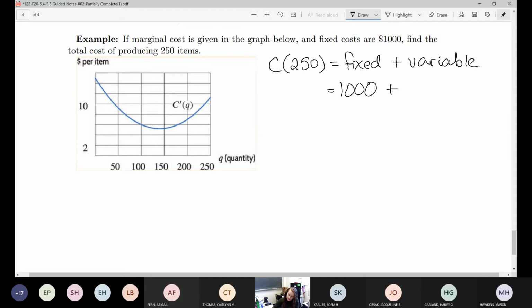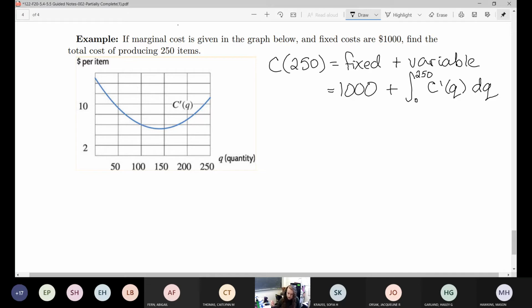And then the variable costs, well, since we don't have the actual cost function, but we do have this marginal cost, we can think of it as the integral from 0 to 250 of C prime of Q. Now, we don't have the actual equation for C prime of Q, but we don't need it. Remember that the integral is area, so we can estimate the area underneath of this to get an estimate. We're not going to get it perfectly, but we can at least estimate it.